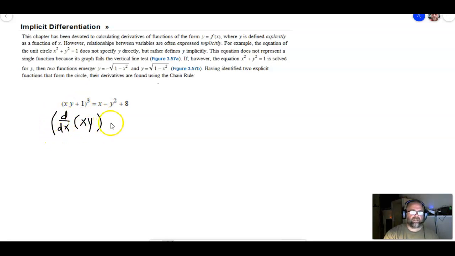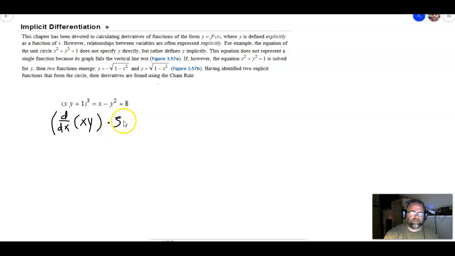And this is going to be plus the derivative of xy. Remember, the 1 is going to fall off, so that's just 0. So derivative of xy, and this is times the derivative of the outside. The derivative of the outside is basically u cubed, so that would be 3u squared using the power rule.